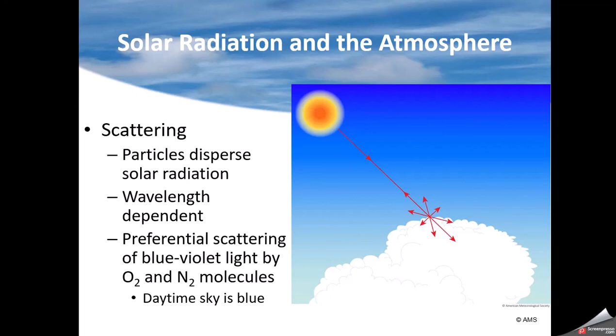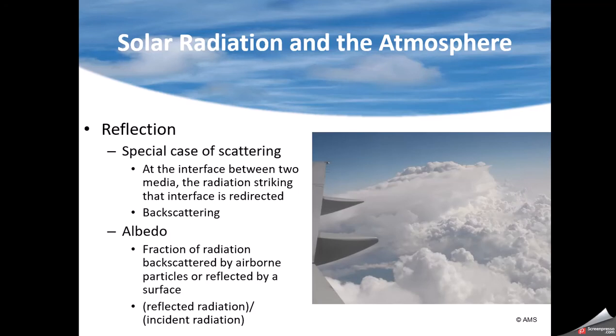But a cloud scatters it. That's why if you have a dark cloud over your head, it's cooler, because the sun's radiation is hitting the top of that cloud and is scattering. So not all of it gets through. It goes out in every direction when it does that. Reflection is just another means of scattering.